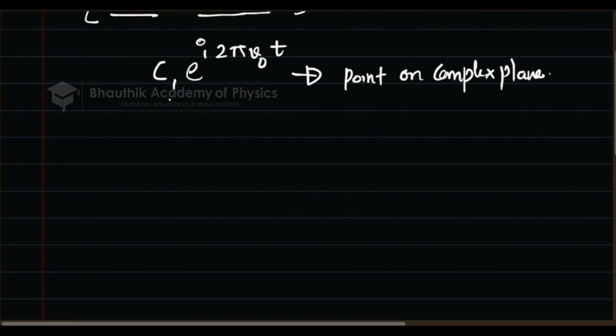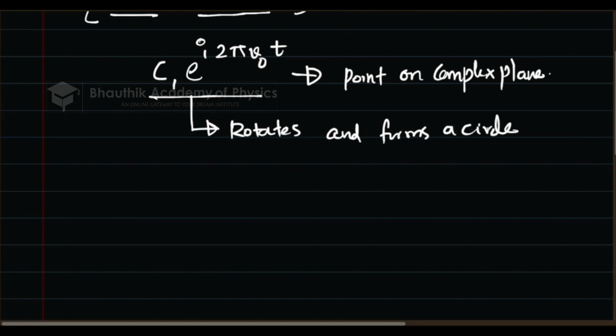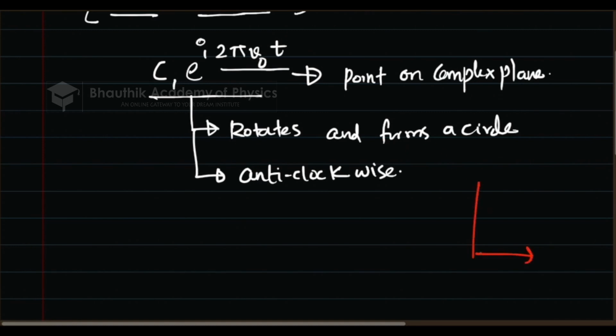Now we have seen that this point rotates and forms a circle. And we have also seen that this rotates anti-clockwise. Why is it anti-clockwise? Because theta is increasing, and by convention the theta starts from here.